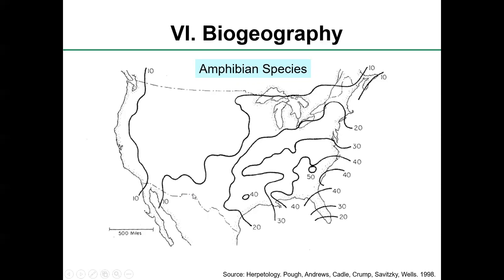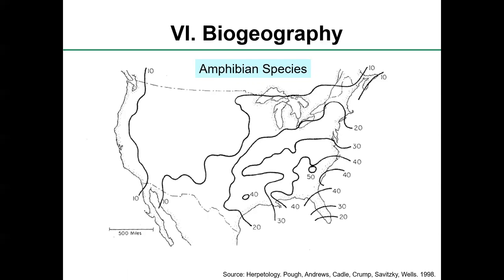So think about what geology occurs in those particular areas. What is the climate like in some of these areas versus areas where there tends to be a lot of amphibian diversity? What tends to be the geological features that you see here? What tends to be the climate and the dispersal abilities of species that might live there?